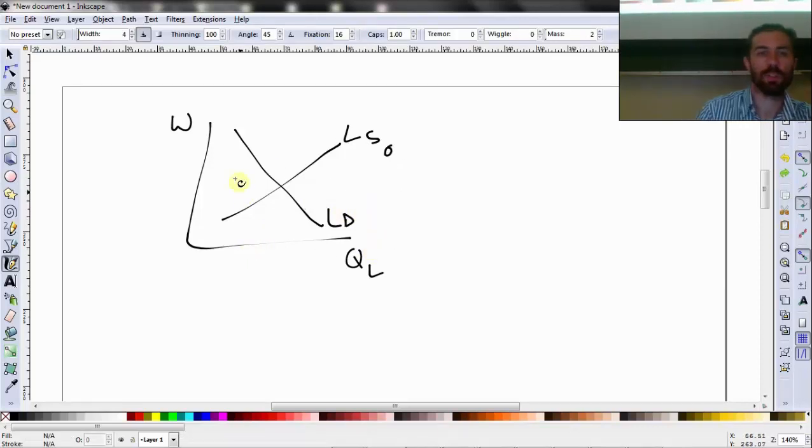Okay, so what we're saying is there's some quantity of labour, choose any point along the labour supply curve. There's some quantity of labour, call this QL prime, okay? So at this wage rate, W prime, you've got QL, that's how much labour would be supplied. Low wage, that's how much labour gets supplied, right?